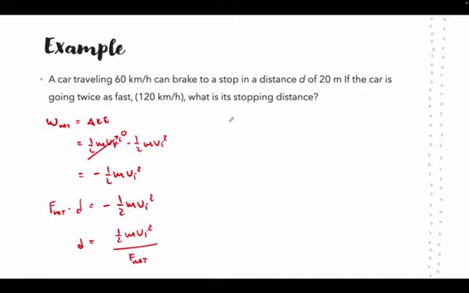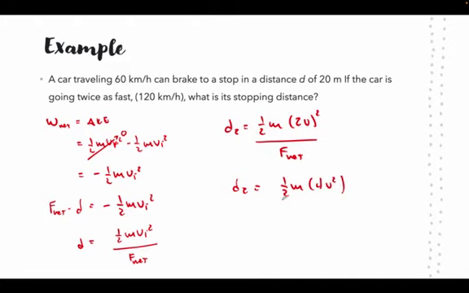So if we're going twice as fast, then distance 2 is going to be equal to 1/2 m (2v) squared over f net. This whole thing is the same. So distance 2 is going to be equal to 1/2 m 4v squared over f net.